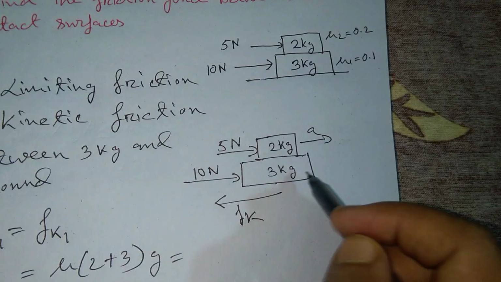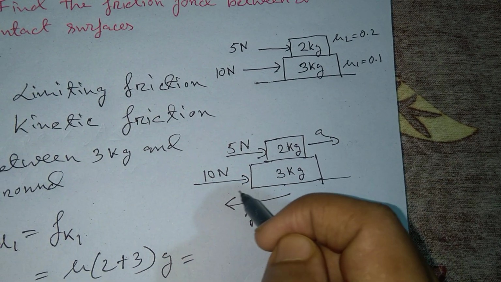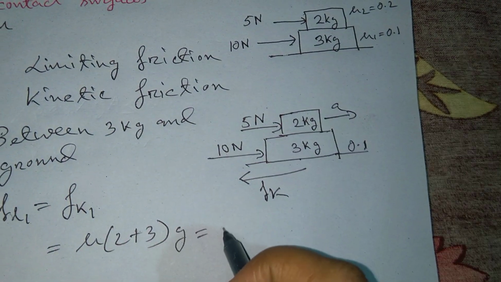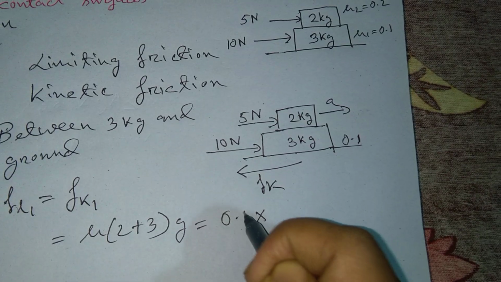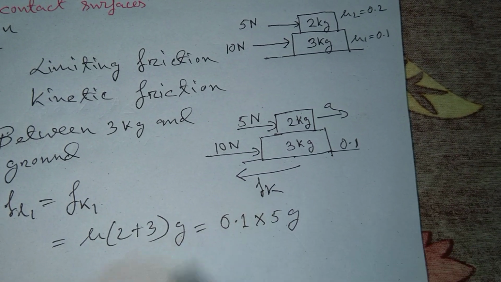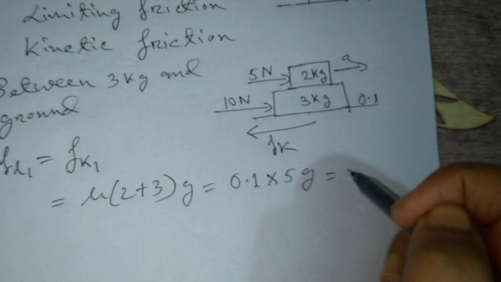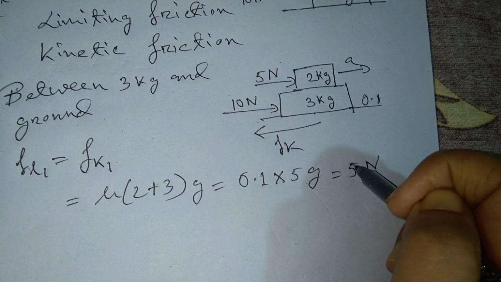You see mu is 0.1, so the frictional force is 0.1 into 5 into g. So it is 5 Newton.